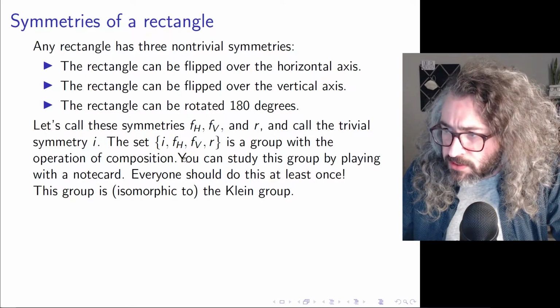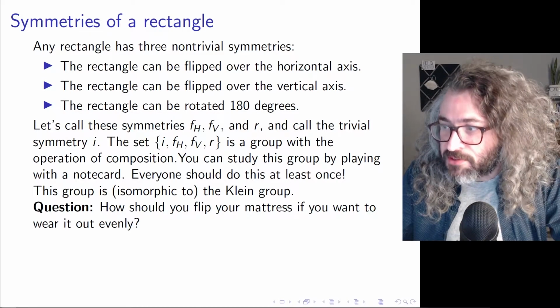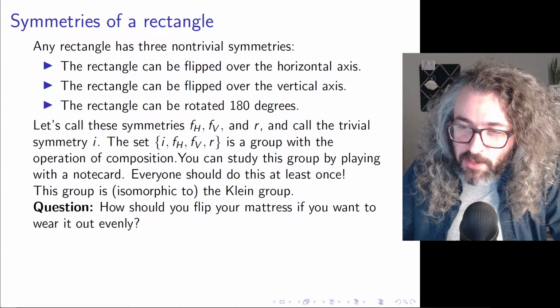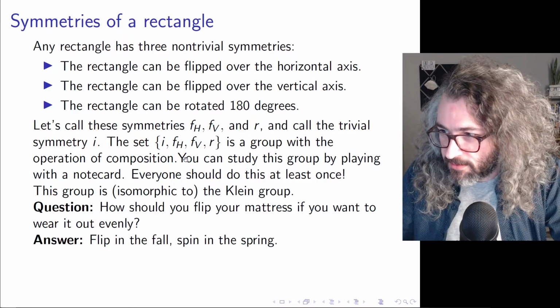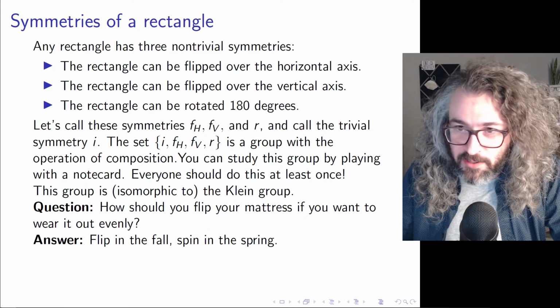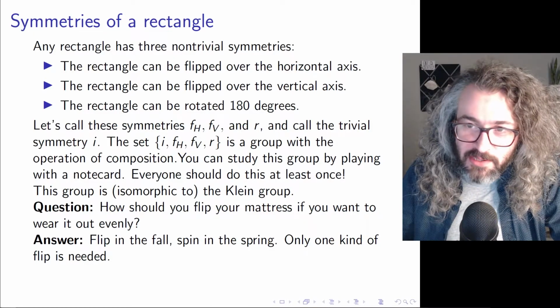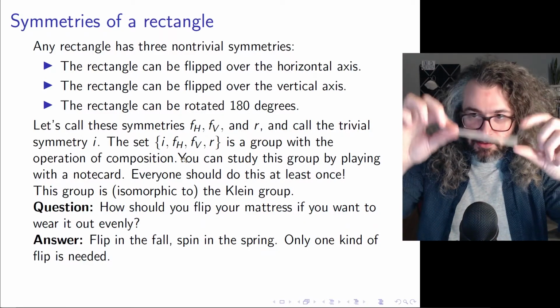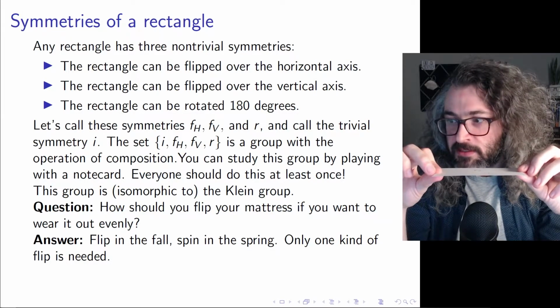So here's a question about rectangles. How should you flip your mattress if you want to wear it out evenly? And the answer to that is you should flip it in the fall and spin it in the spring. The point here is that only one kind of flip is actually needed. So here's your mattress and you want to wear it out evenly.